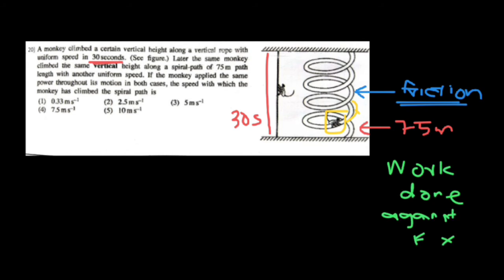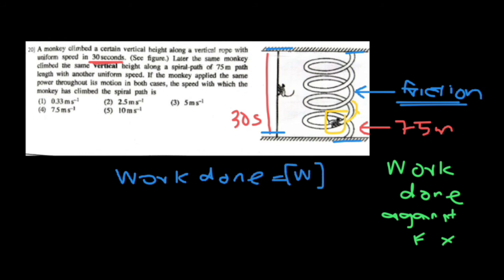Then there is work done against gravity only. As we discussed in the previous question and our previous video, the work done against gravity is independent of the path. Because it reaches the same height in both cases, the work done in both cases is the same.